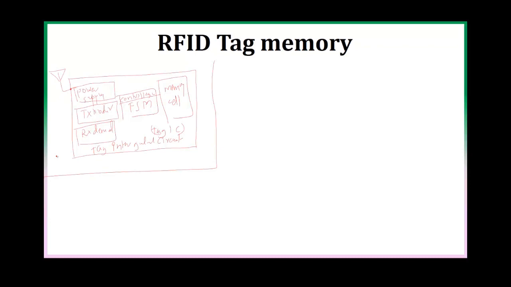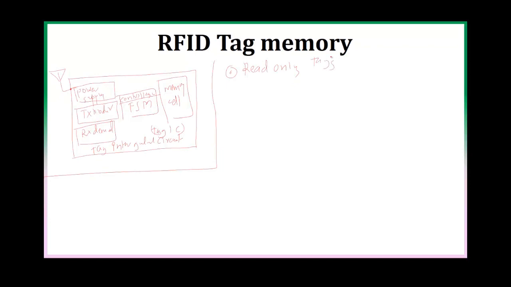So I'll move on to RFID tag memory. What are the different types of tag memory? In general, for tags there are three different categorizations of these kinds of memories. One is called read only tags.